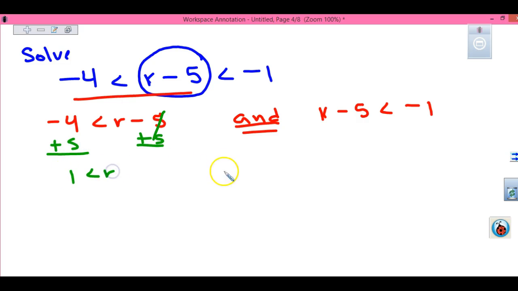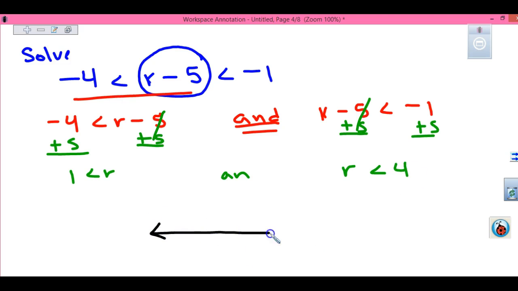So 1 is less than r, and over here add 5, r is less than 4. And now we can graph these. So wouldn't this be the same as writing it as 1 is less than r, less than 4?